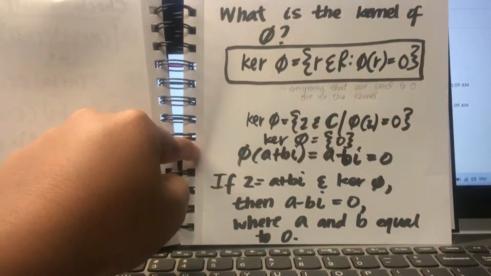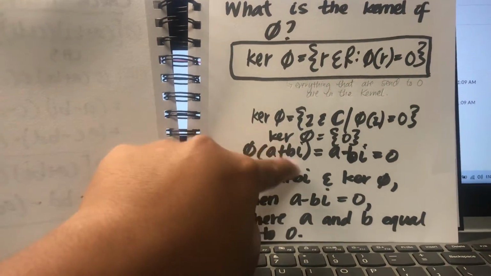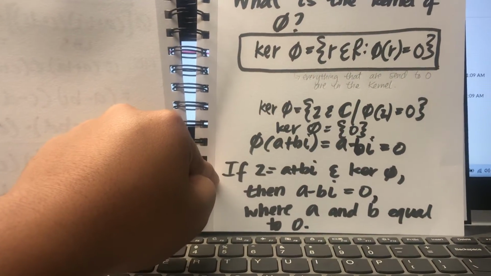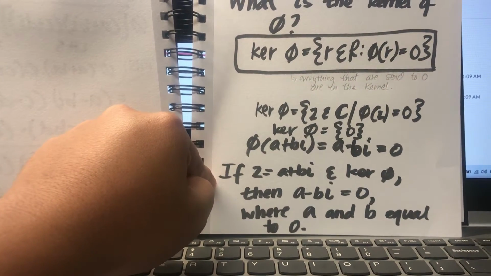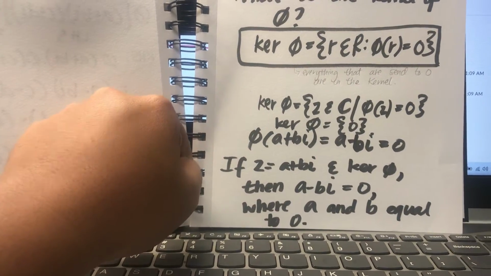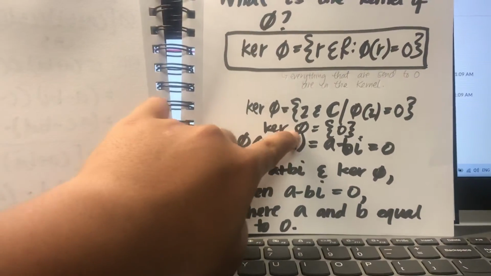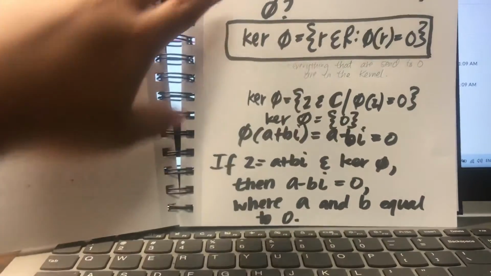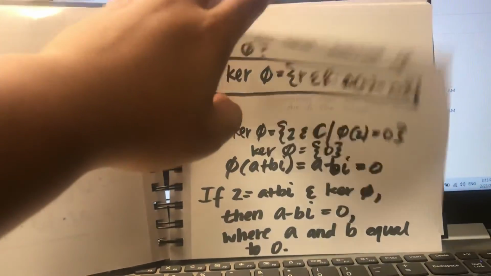So we need to find what values of a and b can send it to 0, and we find out it's only 0 that can be sent to 0. So the kernel of φ in this problem is 0.